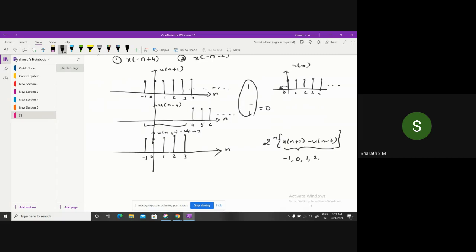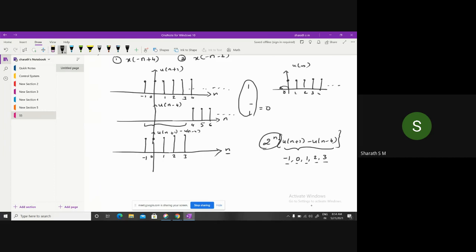So just look at the scale here. This belongs to variable n because the x-axis label is n. So whatever signal we are going to multiply, this is the amplitude level. 2 power n: let's substitute n equal to minus 1, 0, 1, 2, and 3.